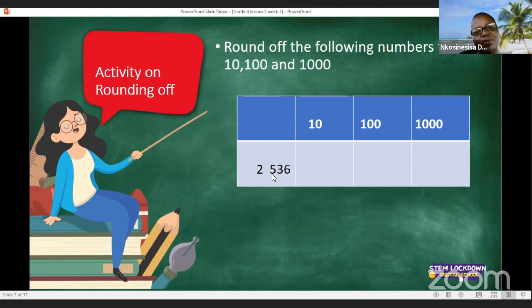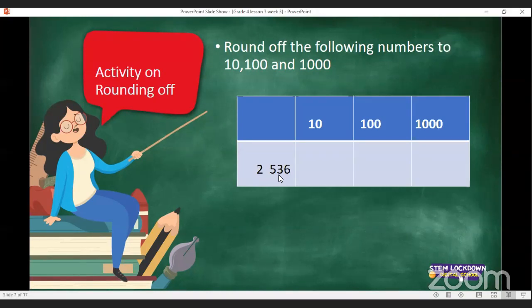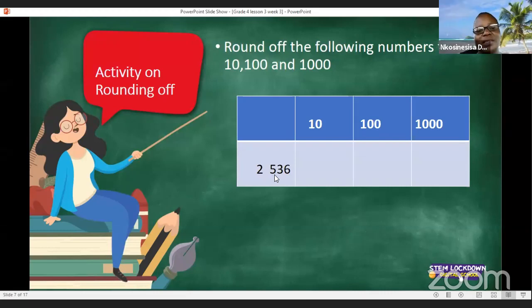And then step number 2 says we must look where? Is it 5 or higher? No, we must look next door, Laurentia. The next door of 5 is 3.